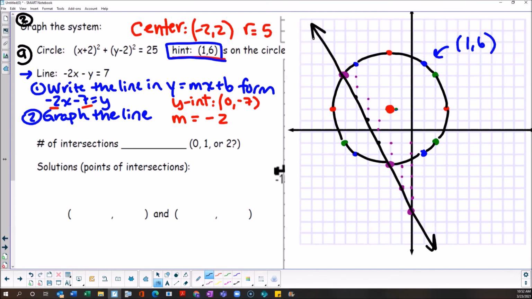All right, so that's the equation of my line that I graphed. And the 2 points that the line shares in common with the circle, I can just look at my graph and say, okay, what's this one?